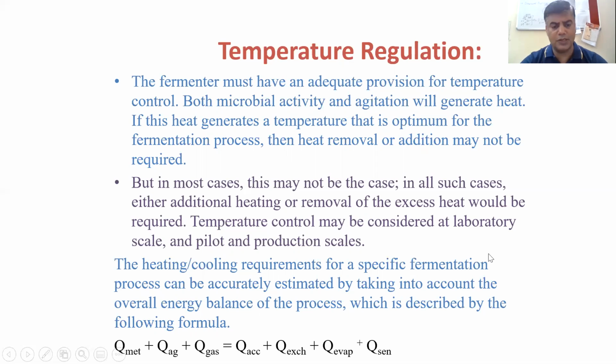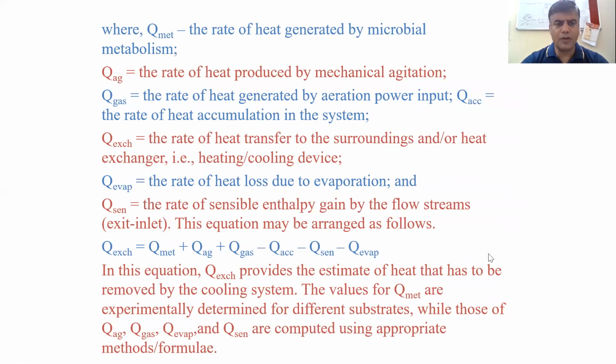Q is the heat: Q met, Q agitation, Q gas, Q exchanger, Q evap, Q sen. All these things can be described with this formula. Q met is the heat generated by the microbial metabolism. Q ag is the mechanical agitation.